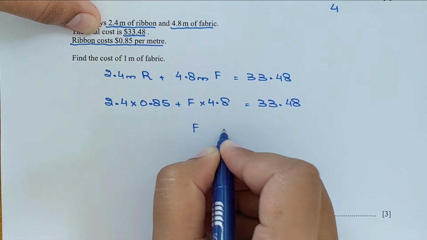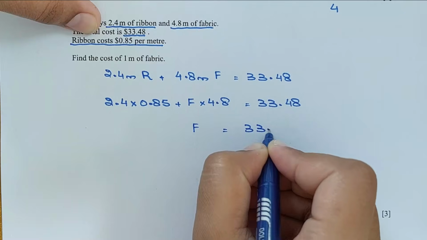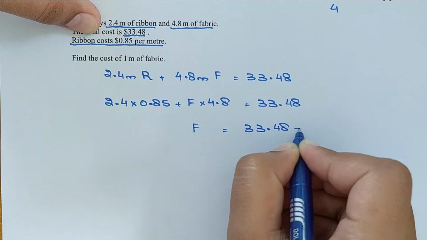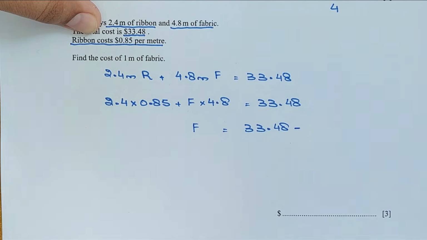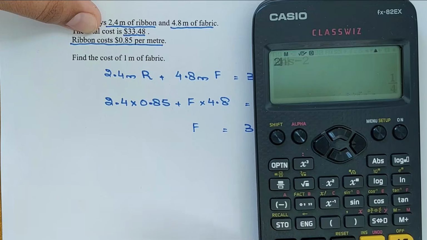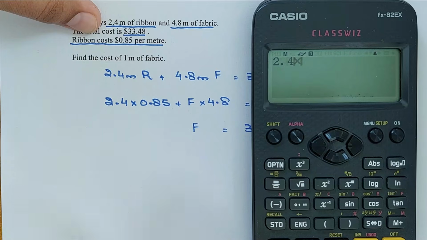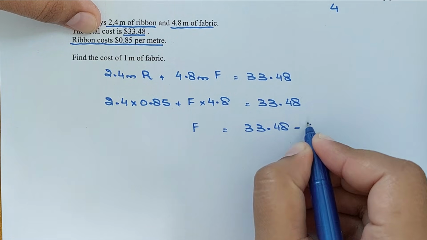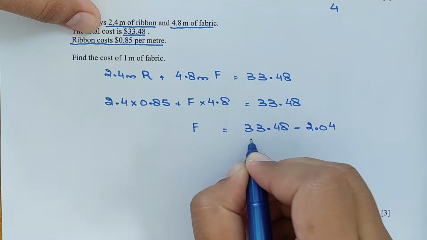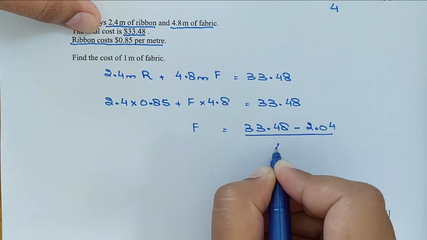So for fabric, we can say 33.48 minus the sum product of this, 2.4 times 0.85, which is 2.04, and then divided by 4.8.